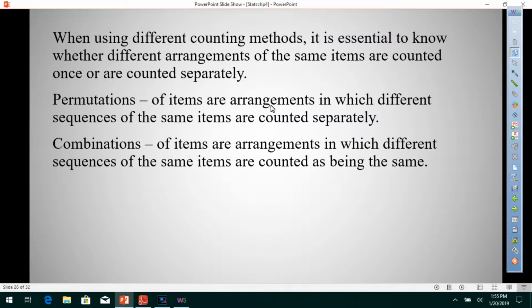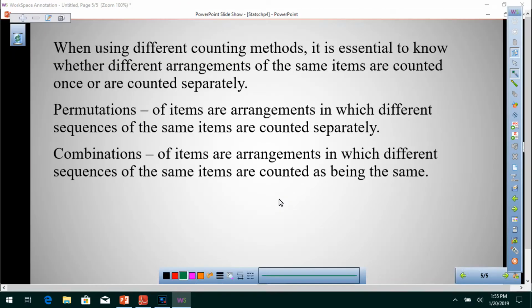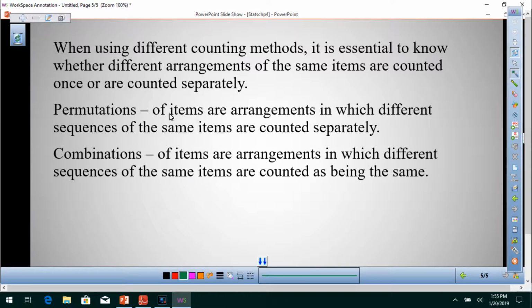When using different counting methods, it is essential to know whether different arrangements of the same items are counted once or counted separately. That's how we distinguish between permutations and combinations. Permutations of items are arrangements in which different sequences of the same items are counted separately. Example: how about ABC? How many different ways can you do ABC?